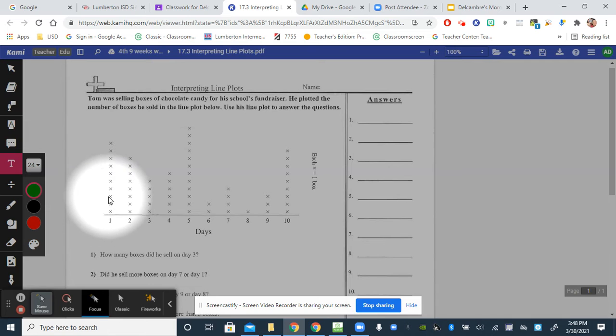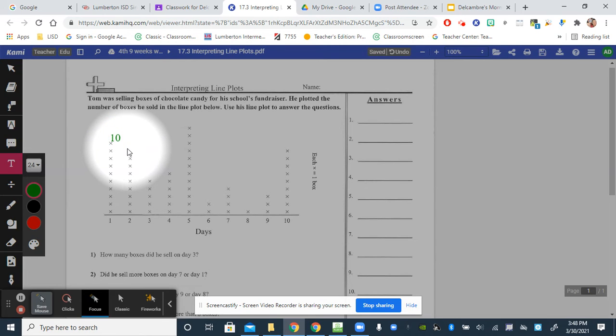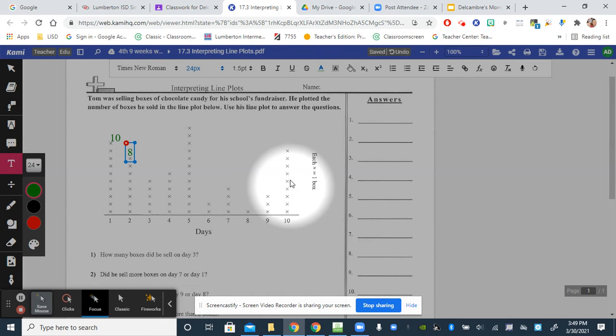So 1, 2, 3, 4, 5, 6, 7, 8, 9, 10. So I click here and I type 10. Count here, 1, 2, 3, 4, 5, 6, 7, 8. So type 8 right there. And I would do that for all of them.